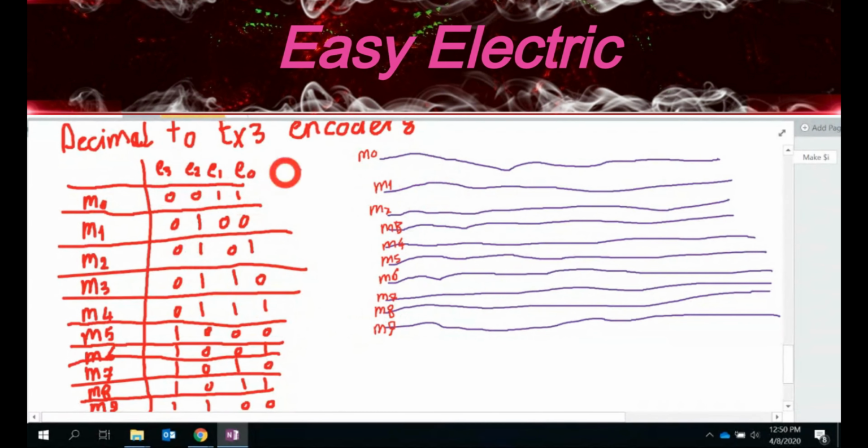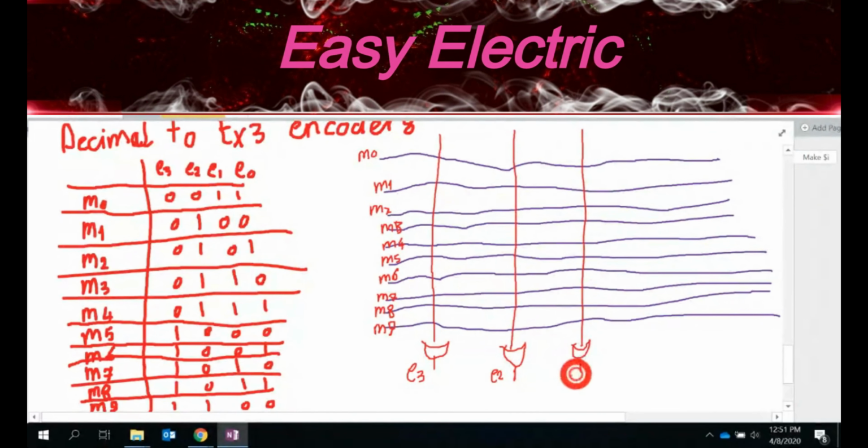Now for each of these outputs, you just need one OR gate. So I put one OR gate here. You call that E3. The other one here is E2. These are the OR gates. The next is E1, and the last one is E0.